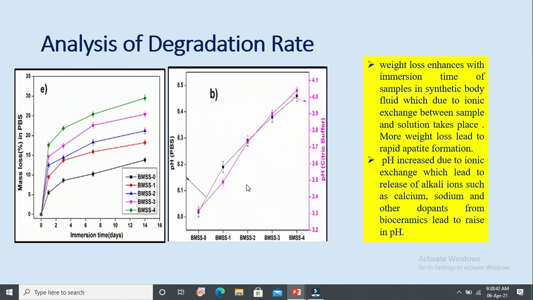So it leads to a rise in pH. So the more the weight loss percent, the more the rise in pH, the more the degradation rate, that is how rapidly our sample degrades on exposure to the body fluid, and the more rapidly the apatite formation takes place.